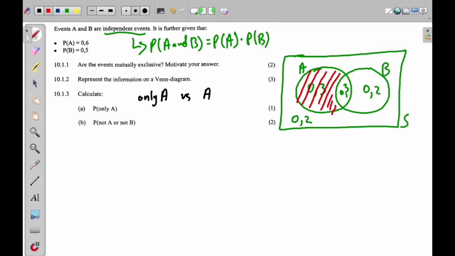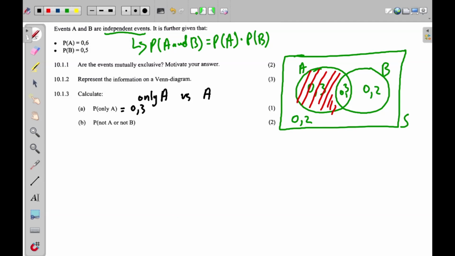But if I want A, then I will have to shade everything including the intersection. So in this case, it is quite clear that because we are looking at only A, we do not want the intersection. So from our Venn diagram, we can see that the probability of only A, or A only, is 0.3.